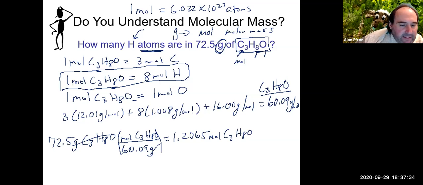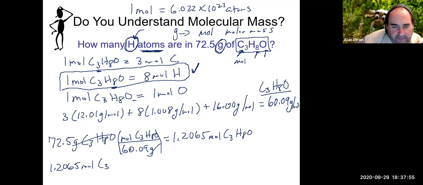C3H8O. So we did a nice conversion to convert it into moles, but again, we do need to now get rid of the entire thing and end up with just hydrogen. So we're going to use this as our conversion factor to do so. And if we do that, 1.2065 moles of the entire thing.